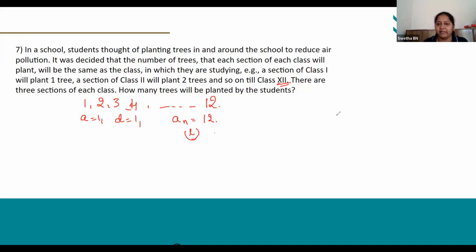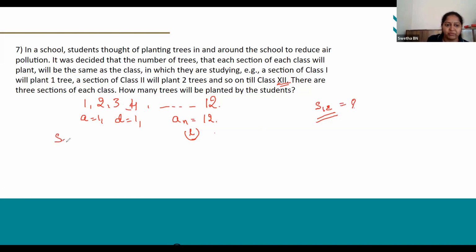So what you have to find out here is the total number of plants. Now we are finding for only one section. So we have to find out S12 is equal to question mark.